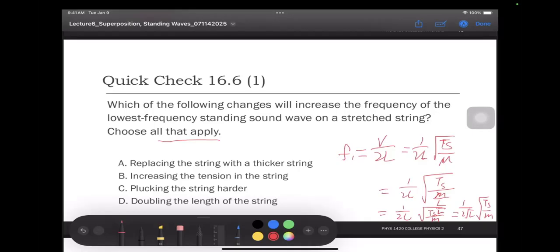Let's check the first one. Replacing the string with a thinner string, which means the mass will become larger. Does it make sense to you?